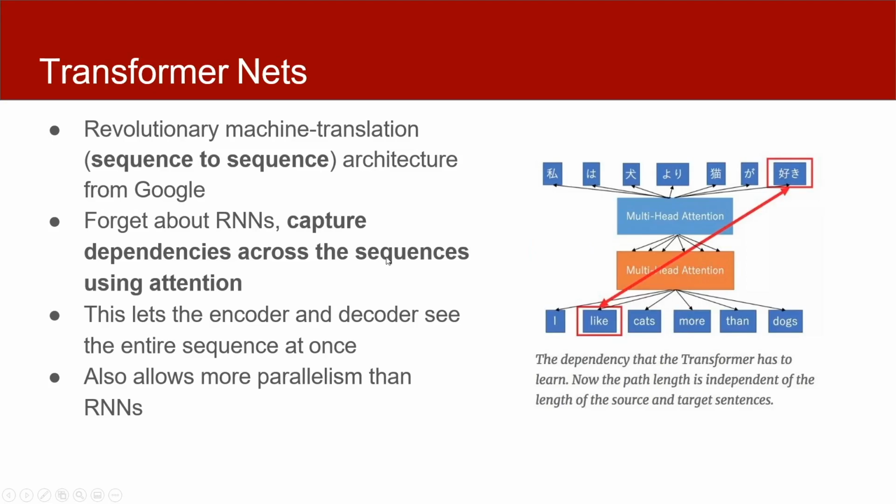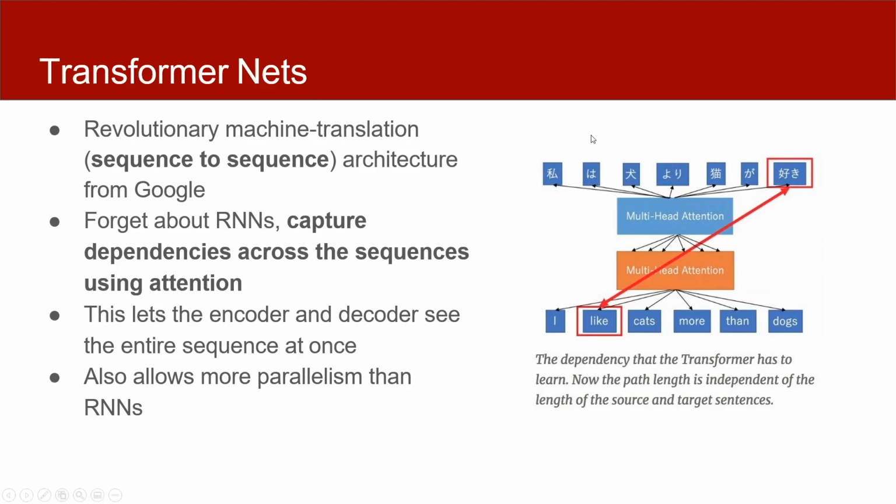It was introduced in 2017. The paper's name is "Attention is All You Need." It's a revolutionary sequence-to-sequence architecture, not just for machine translation these days. It's becoming the state of the art for many sequence-to-sequence tasks.